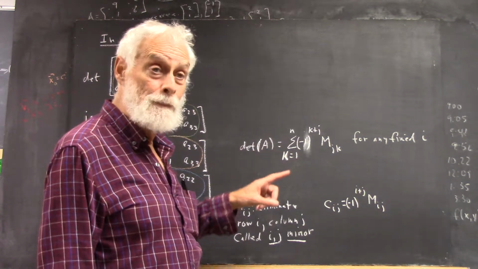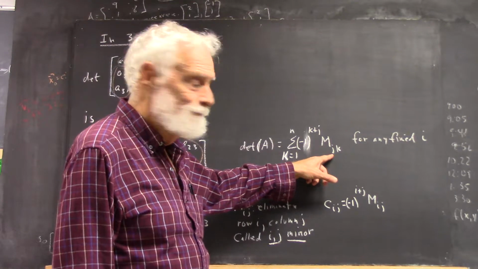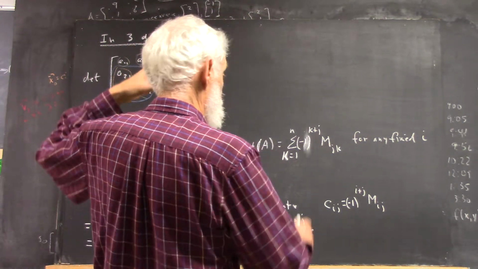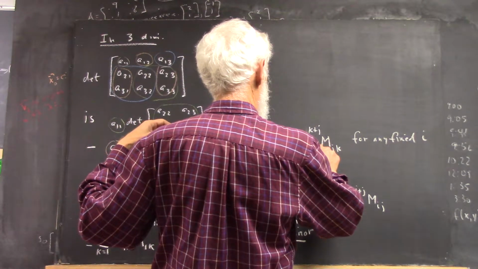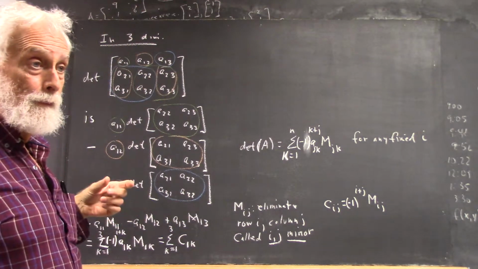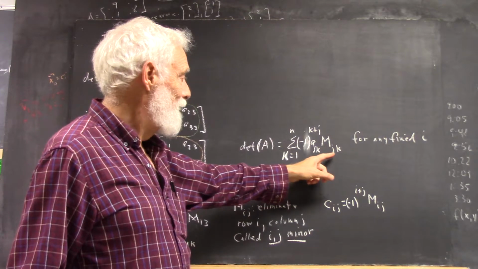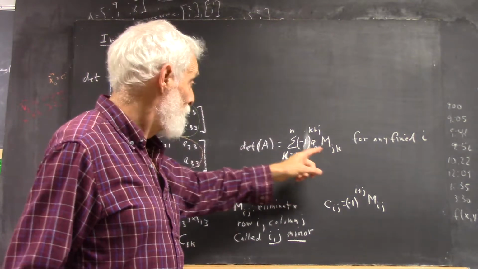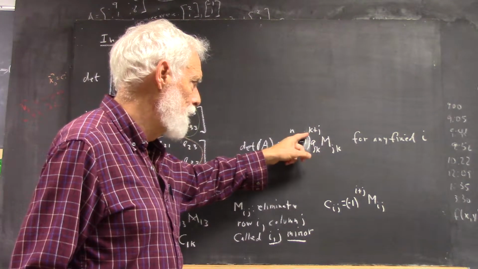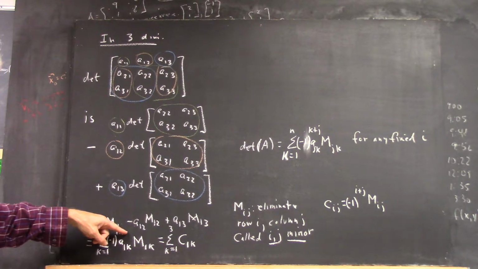Now, if j is 1, then this is just, and I forgot my A, j, k, right? If j is 1, this is just A1k and M1k, right? Yeah, k is k, but j is 1. Well, that just reduces to this, 1 plus k, right?